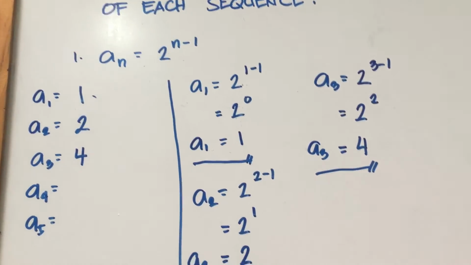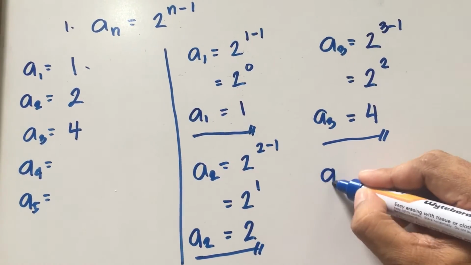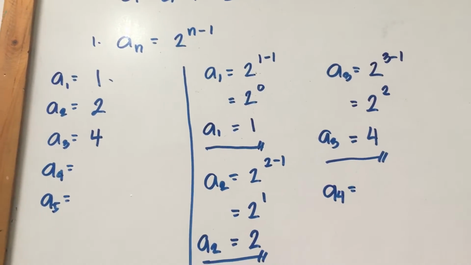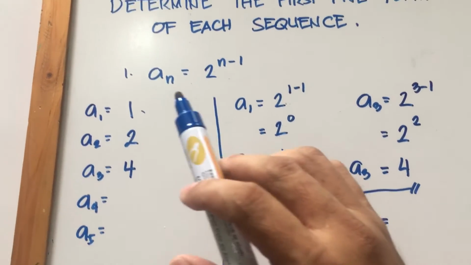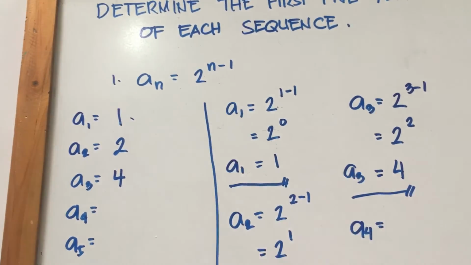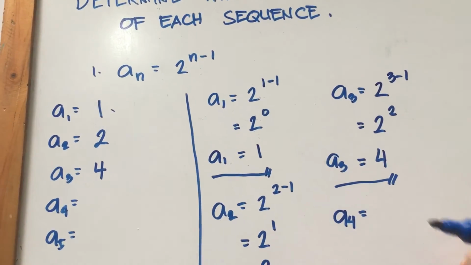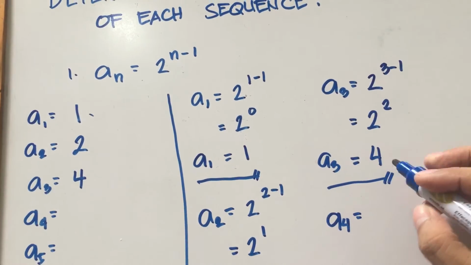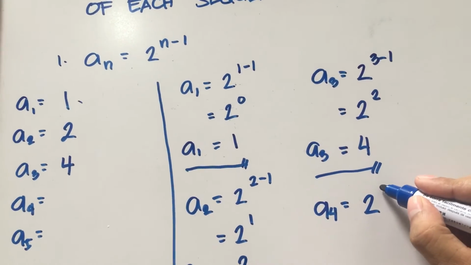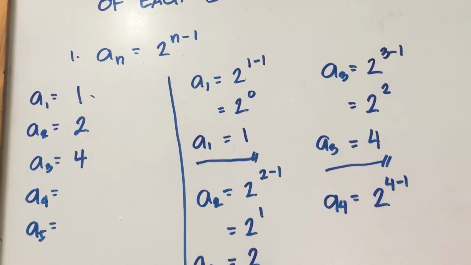Let's go now to the fourth term, a sub 4. Based on the formula given, the value of your n is equal to 4. So copy 2, and n minus 1 becomes 4 minus 1.